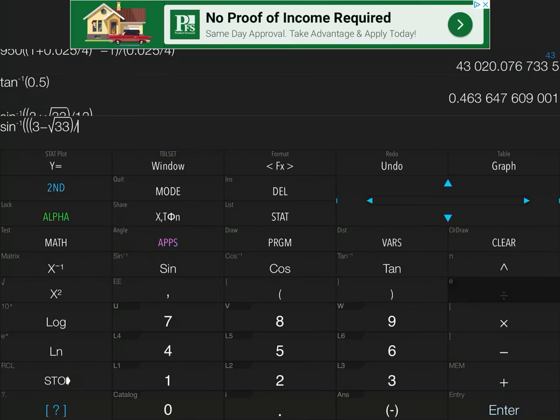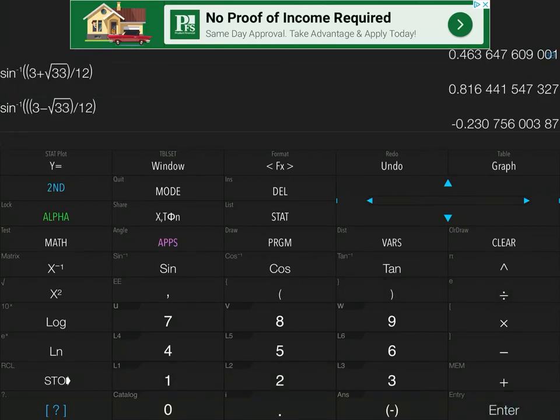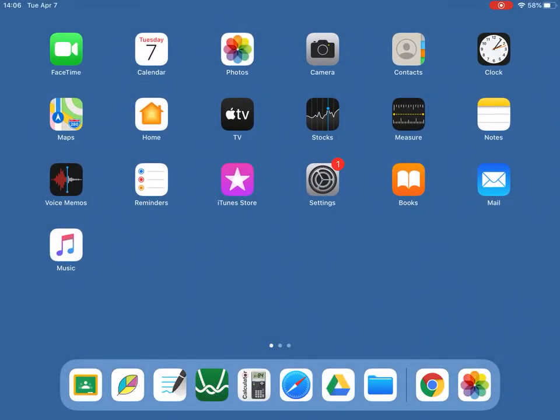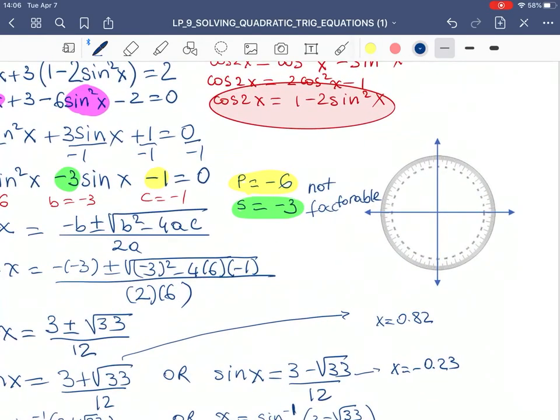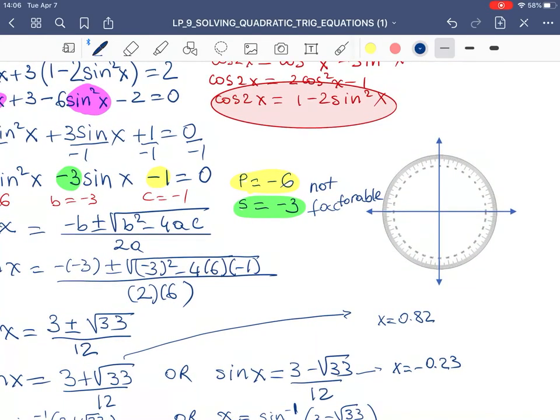I'll remember here to go out of the square root, and then divide that by 12, close the big brackets, and I got negative 0.23. Quite interesting. Okay, so we're going to say x equals negative 0.23. So a little bit of work we have to do in here, quite a bit actually.